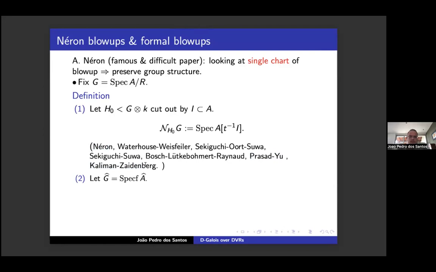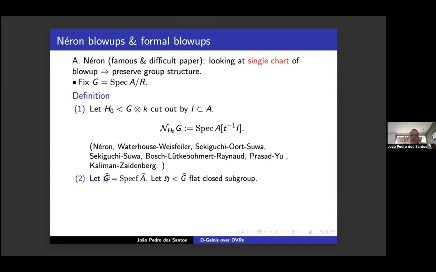Okay, then I go on because, look, I'm blowing up something which is on the special fiber. Now I'm going to blow up something which is formal. So instead of working with G, I go to its t-adic completion. So I have my G, over some DVR R. And now I look at the t-adic completion of this guy.